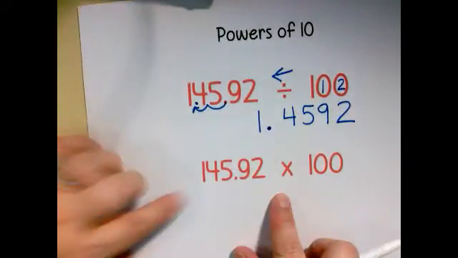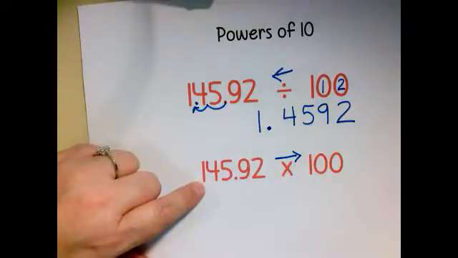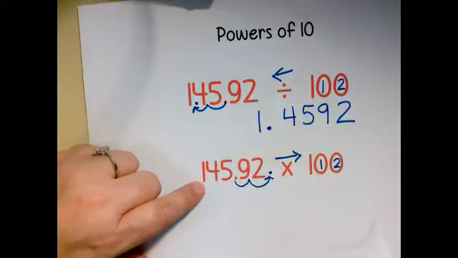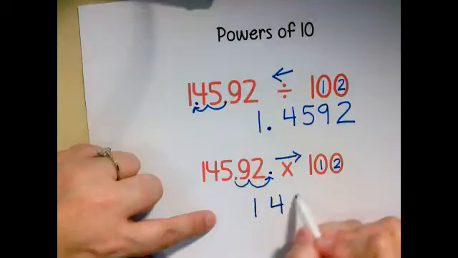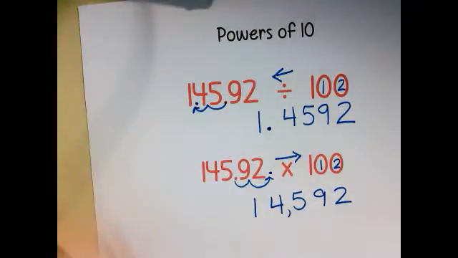And then down here for multiplication, remember I'm going to move that to the right because my number is going to get larger, and I'm going to move that decimal point over twice. So 1, 2. So my answer here would be 14,592.